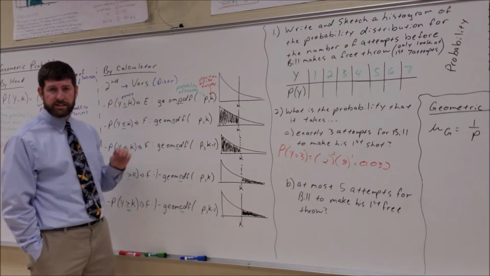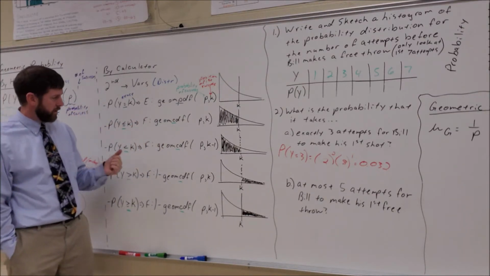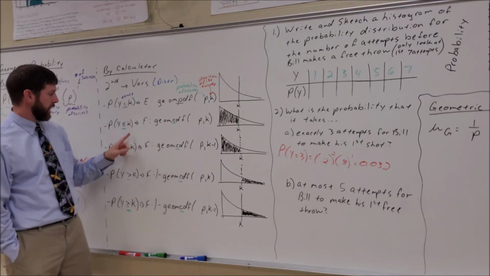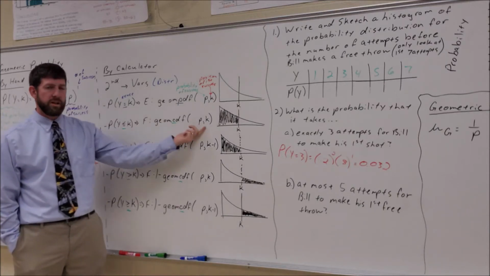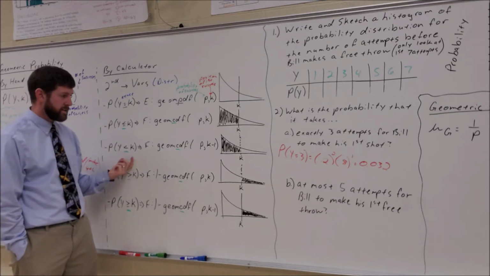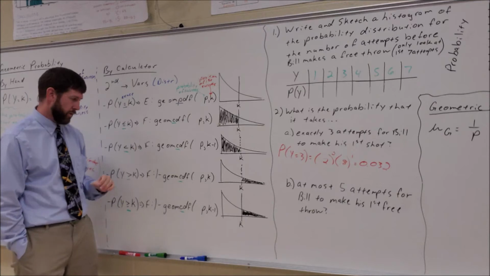So PDF tells us the exact number. If we have inequalities, just like before, instead of using binomial CDF, we're using geometric CDF. And so we get this situation right here, less than or equal to. It's a less than or equal to function, so we just type in K. If I want just less than, then I need to reduce my K, my position, by 1.